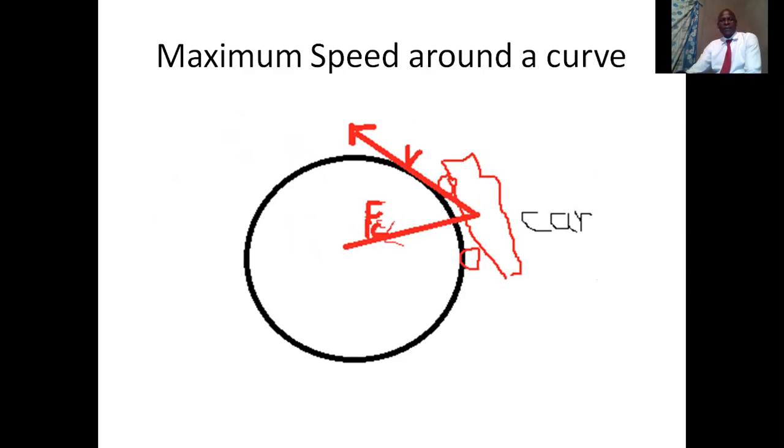At times we can be asked to find the maximum speed around a curve. You notice that here we have a vehicle which is negotiating a curve. It has a velocity which is tangential to this curve, which is the circle, and therefore it will produce a force towards the center, known as the centripetal force.